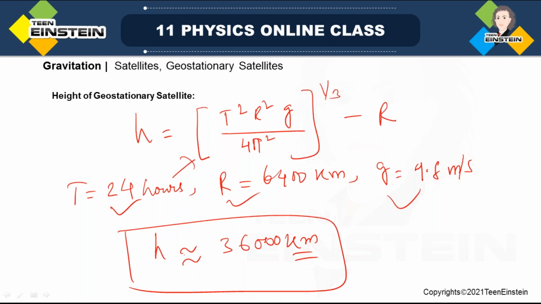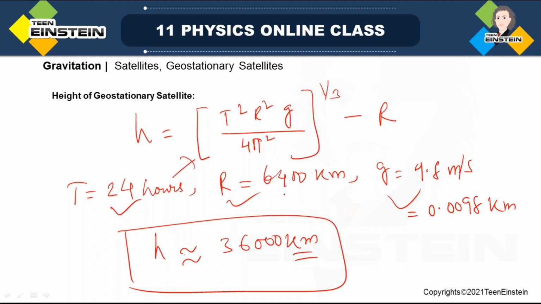Let us do one thing. Let us calculate this so that our doubt will be eradicated. So it will actually be 36,000 kilometers only.